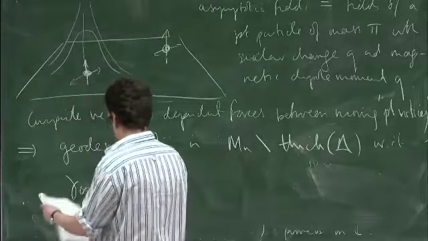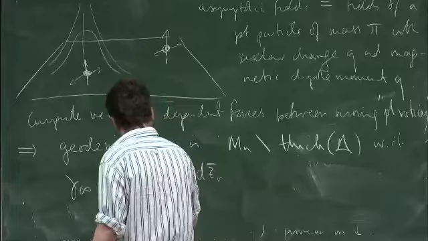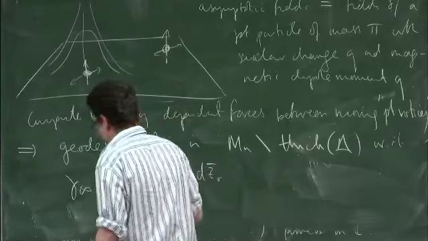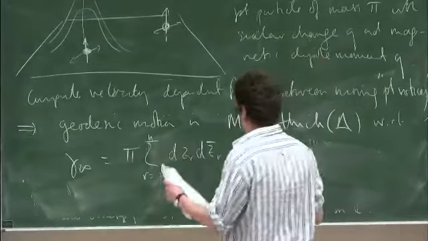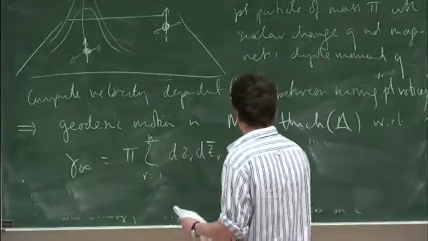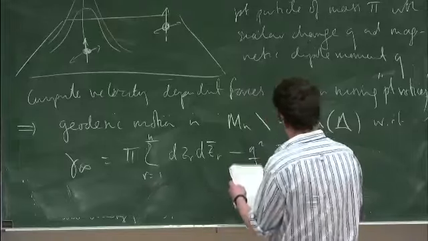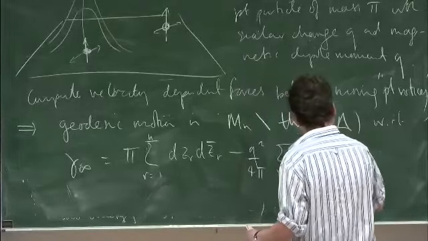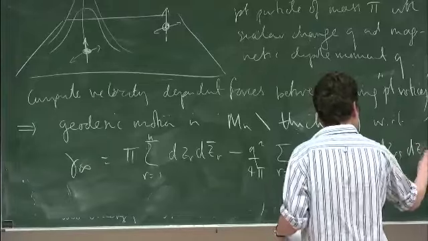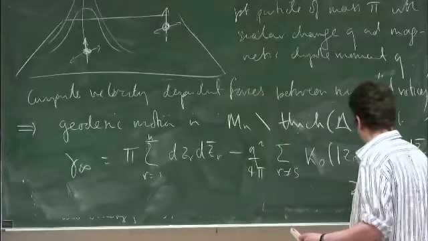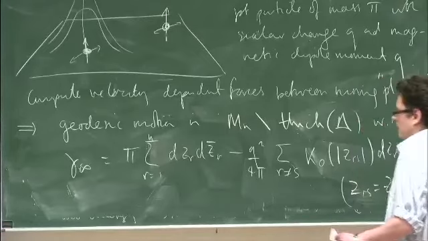So what we have is the bit that we know we have to have by Taubes' observation, minus this thing, where Z_RS is the difference between Z_R and Z_S.